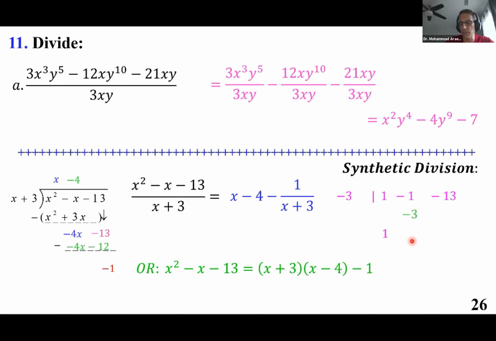Add them up, becomes negative 4. We multiply them again, becomes 12. Add them up, becomes negative 1. Because this is of degree 2 and this is of degree 1, you go down by 1. And this is 1 times x minus 4 with the remainder negative 1. In other words, this gives you the same answer as this one or this one.